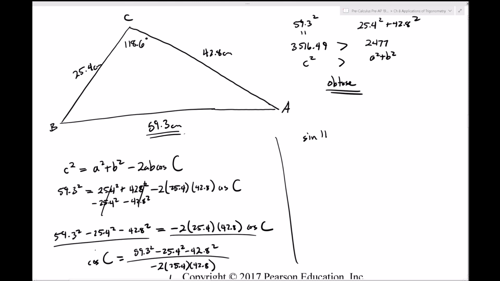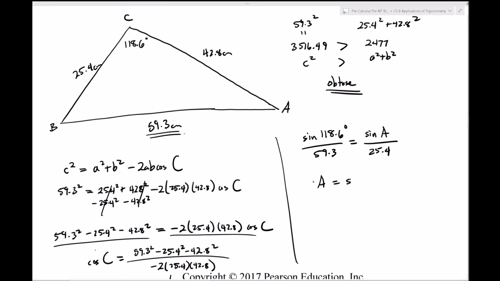Sine of that angle, 118.6 degrees, divided by 59.3, and then set that equal to sine A over A or sine B over B, whichever you prefer. I'm going to go with sine A over A first. Sine A is unknown. Little a is known, 25.4. Cross multiply, you're going to get sine, actually no, you can just kill this in one shot.